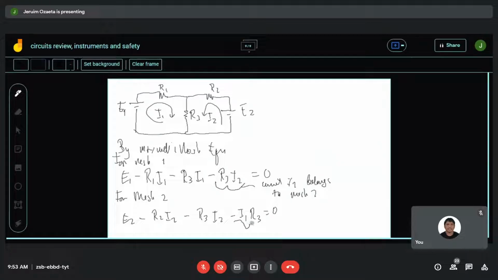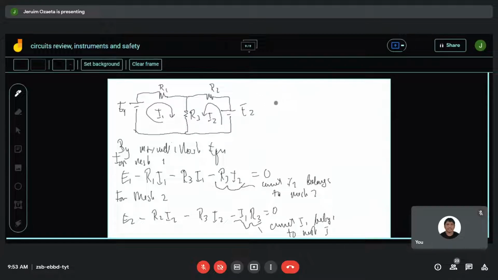And current I sub 1 belongs to mesh 1, but it is in the second equation with the second mesh. So, do not confuse this.